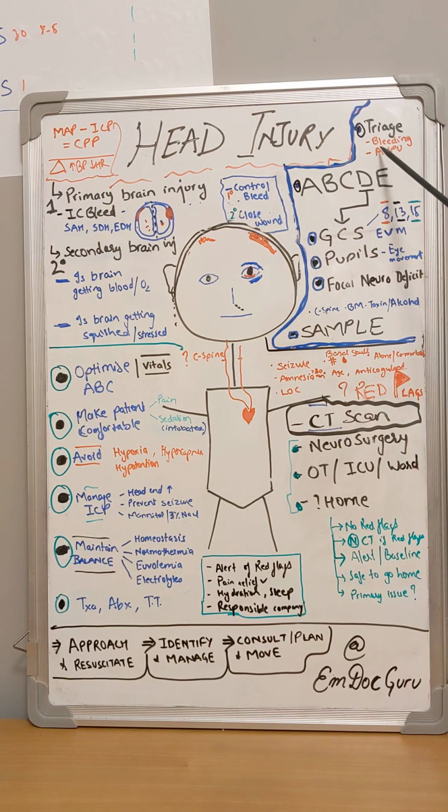So any person who is not alert, being in either V, P or U, or bleeding should be triaged on a priority basis, and then an immediate primary survey should begin.